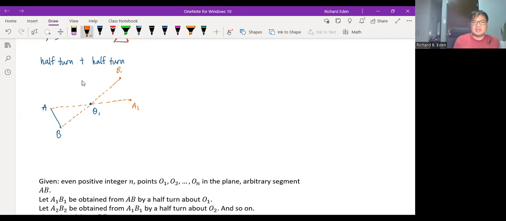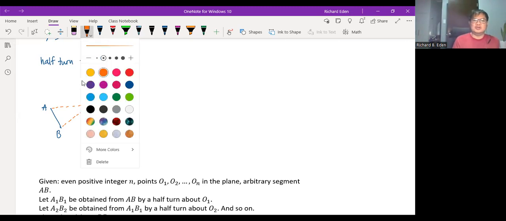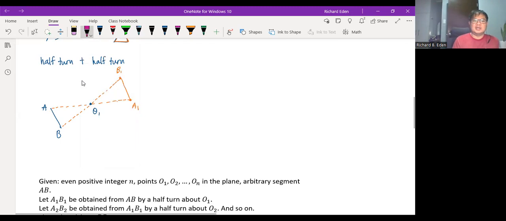So the image is a parallel congruent segment, pero nangyari na baligtad. So if, for instance, AB is actually part of an isosceles triangle like this, para lang mas ma-visualize natin. All right. Then if you think of the effect of that particular half turn on this triangle, then the pointy part would now be towards A1 rather than B1. So ganito nung mangyayari.